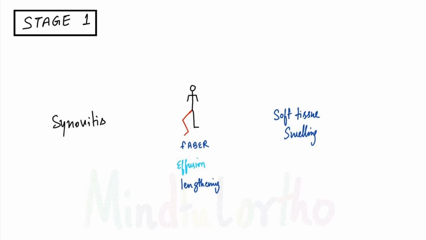To accommodate this large amount of fluid inside the hip joint, the lower limb attains a posture of flexion, abduction, and external rotation. Also, apparent lengthening of that side of lower limb also takes place. On X-ray, no bony changes are seen and only soft tissue swelling can be observed.